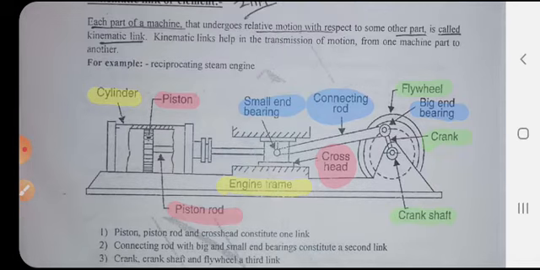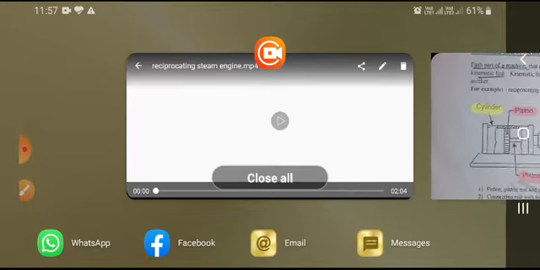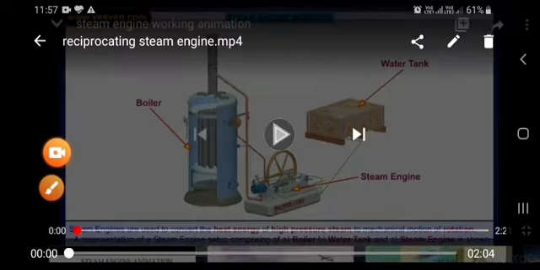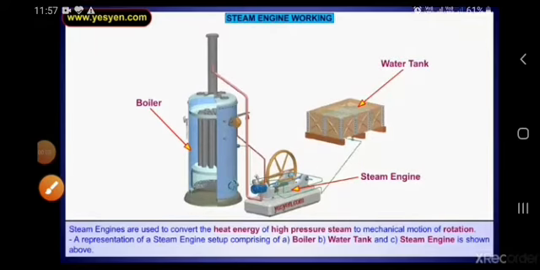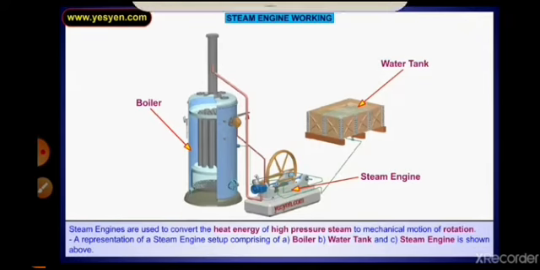So I would like to show one simple animation for understanding how a reciprocating steam engine works. Steam engine working. Steam engines are used to convert the heat energy of high pressure steam into mechanical motion of rotation.